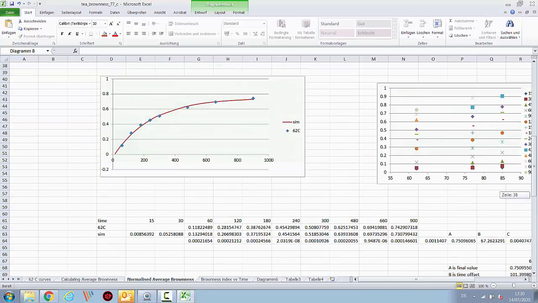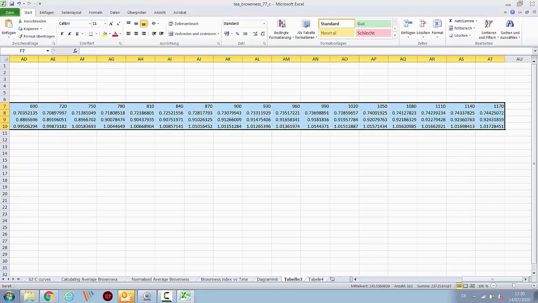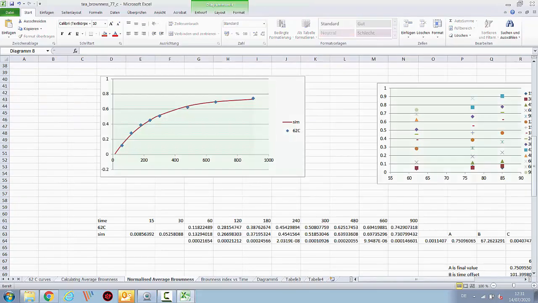So that will be those curves, and I've put them into this diagram, diagram 6. So this is the fitted curves, and we can see the shape of them in 3 dimensions. It took me a while to fit this.